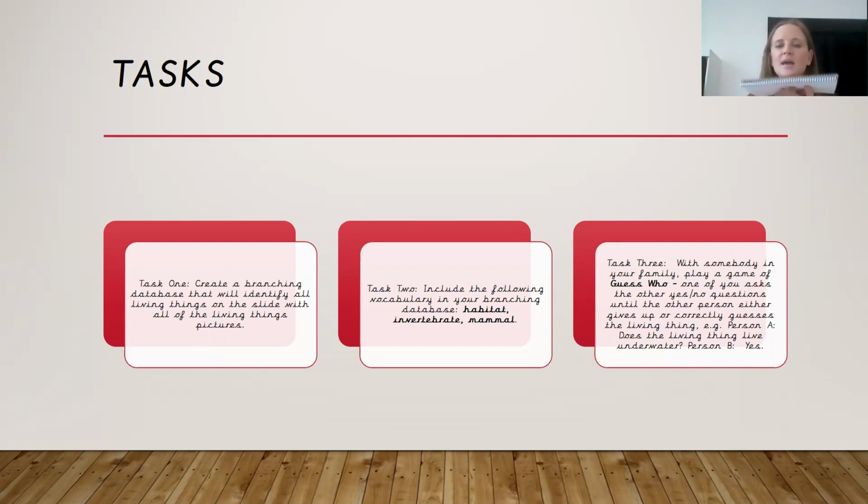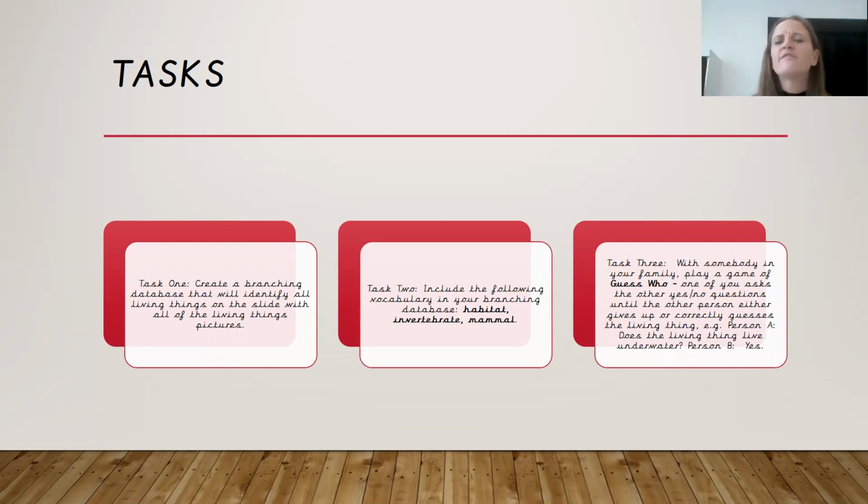So you could say, does your character have more than 2 legs? And if the answer is no, I would put down everything that doesn't have 2 legs, and I would only leave up the things that do have 2 legs. So you would try and narrow down what character they've got.